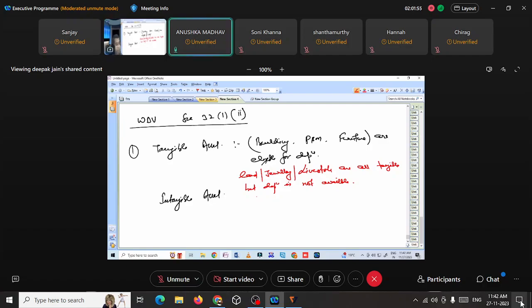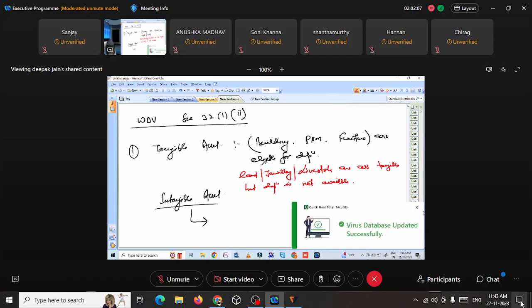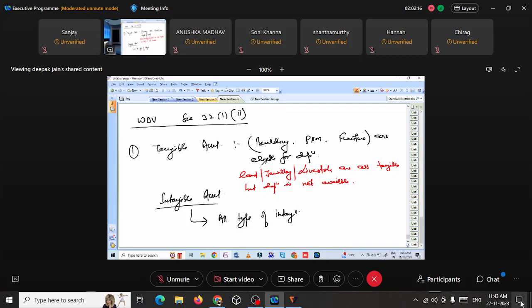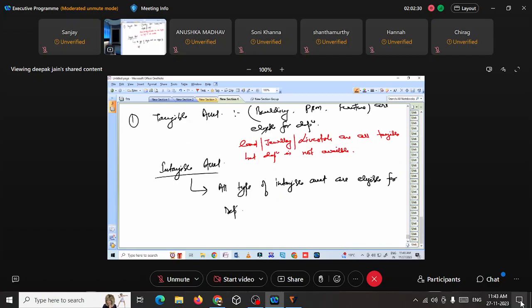As far as intangible assets are covered, all types of intangible assets, like patent, copyright, trademark, franchise, etc., are eligible for depreciation other than goodwill.